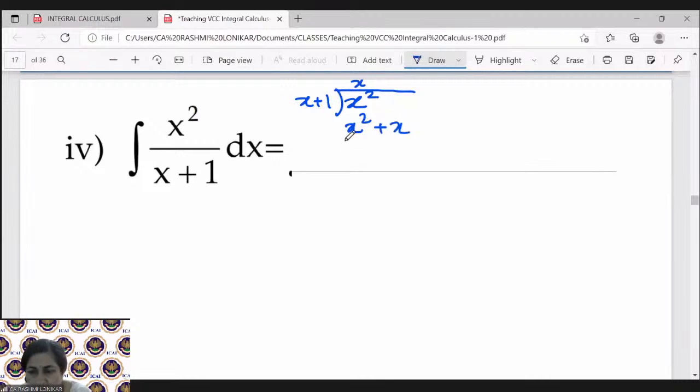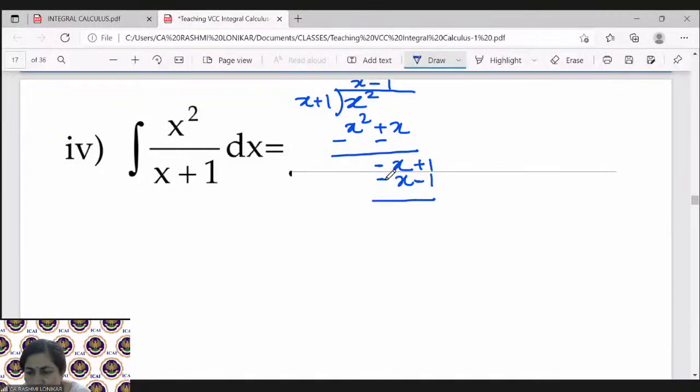And then I subtract, so this becomes minus minus, so plus. x square minus x square will get cancelled, so it will be minus x and then plus 1. Now if I want this minus x, with what should I multiply this x? I should multiply it by minus 1. Minus 1 plus x will give me minus x, and minus 1 plus 1 will give me minus 1.